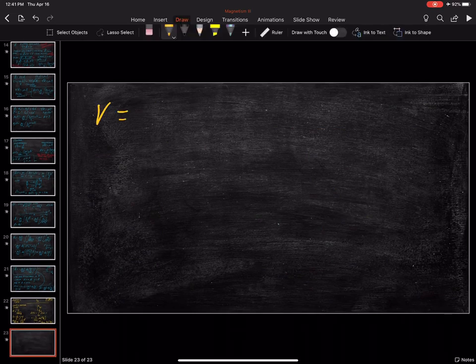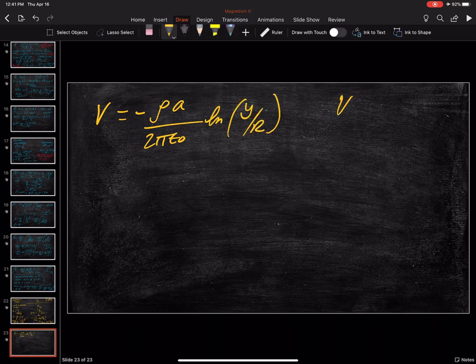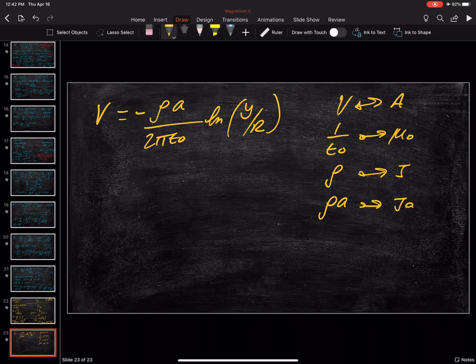So my voltage is minus rho A over 2 pi epsilon naught natural log of y over r. Now remember, I can get from V to A by replacing 1 over epsilon naught with mu naught, and my rho switches to J. Notice rho times this little area is the same as J times the area, and that's my I. So I make these replacements.